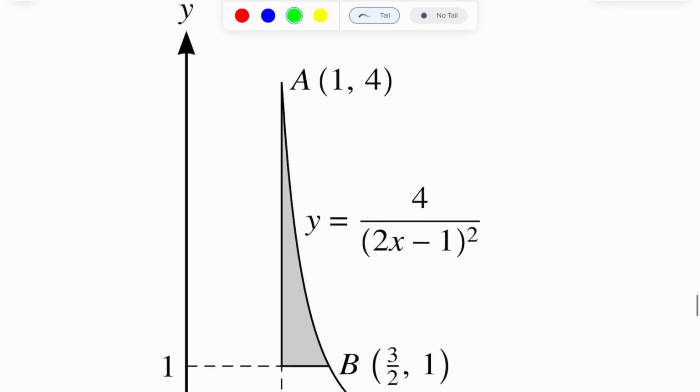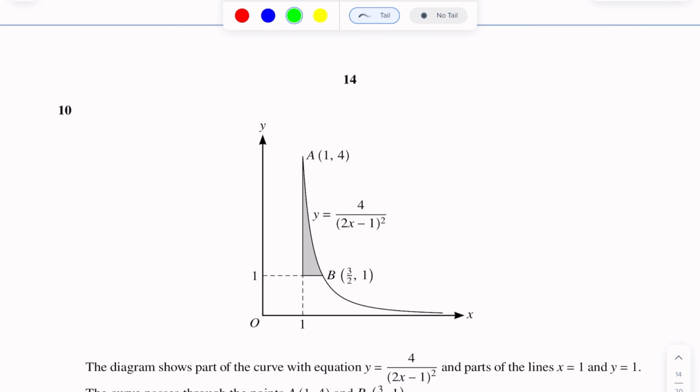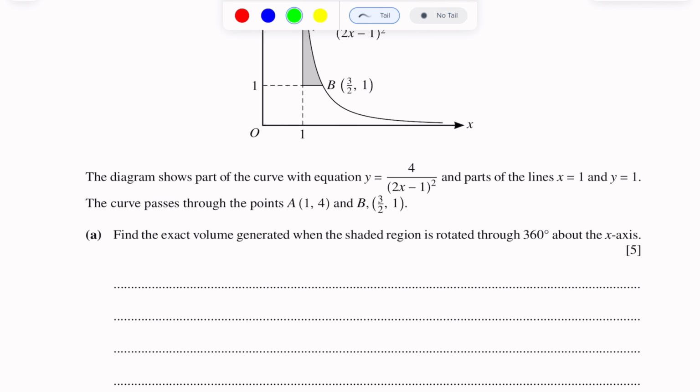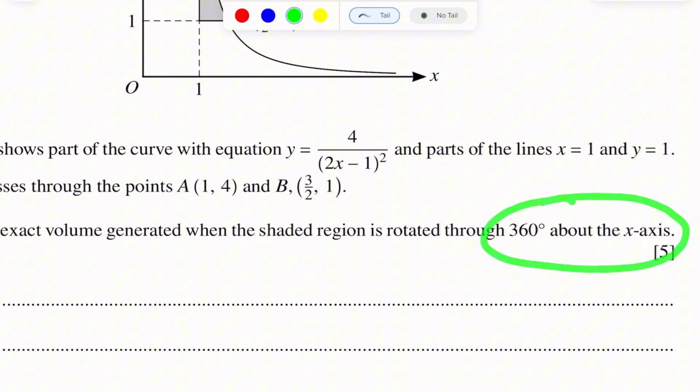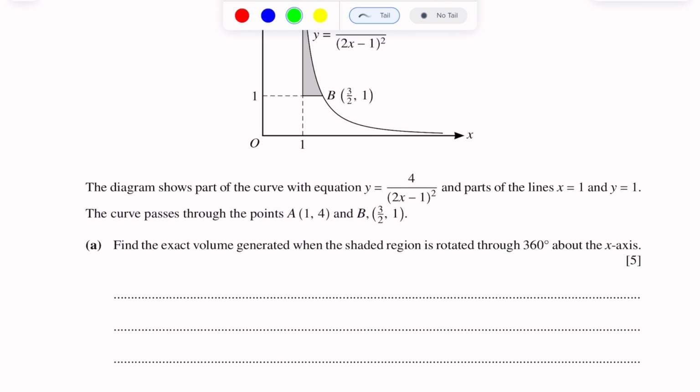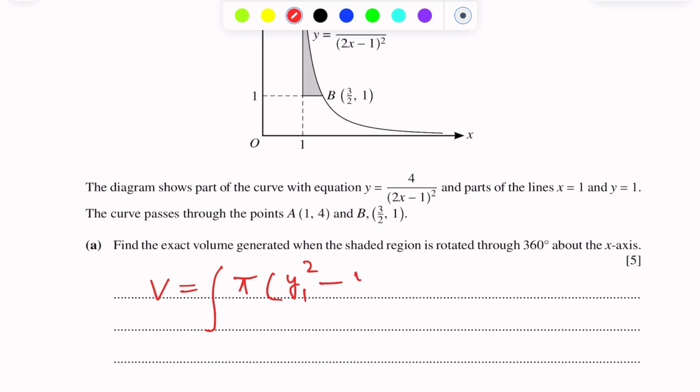Clearly this shaded region is bounded by this line and this curve. When the shaded region is bounded by a line and a curve and rotated 360 about x-axis, then the formula for volume will be V is equal to integration of pi (y1 square minus y2 square).